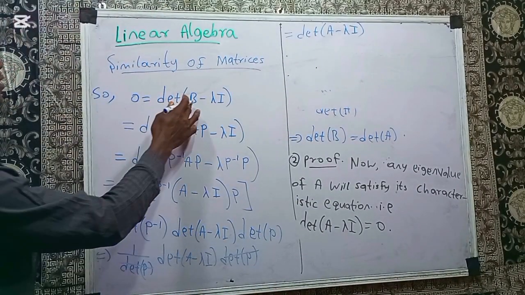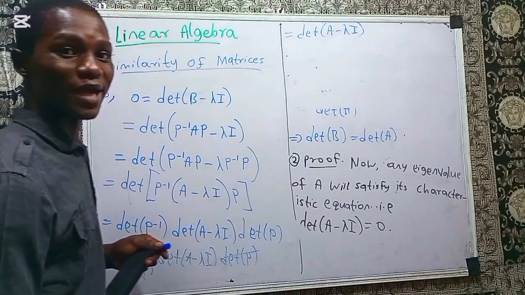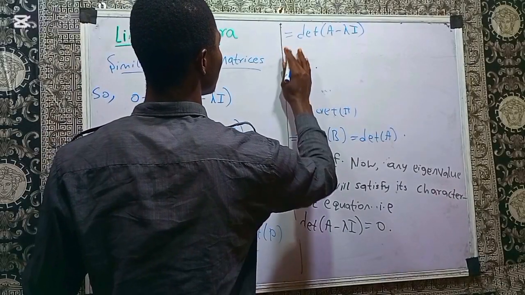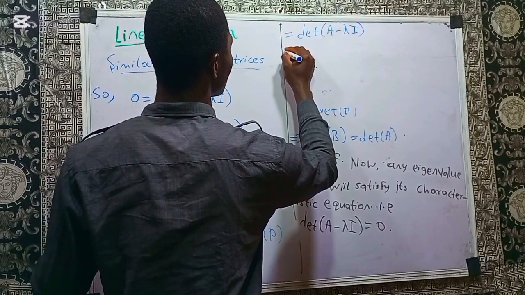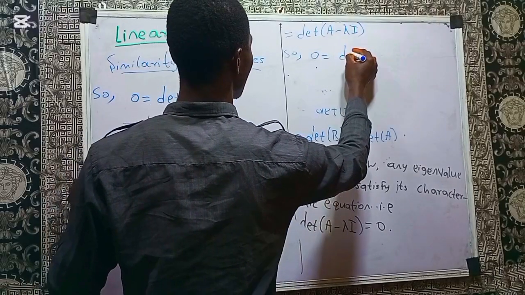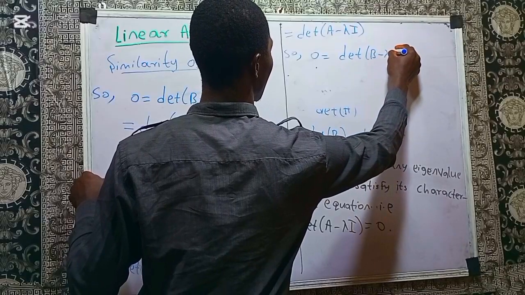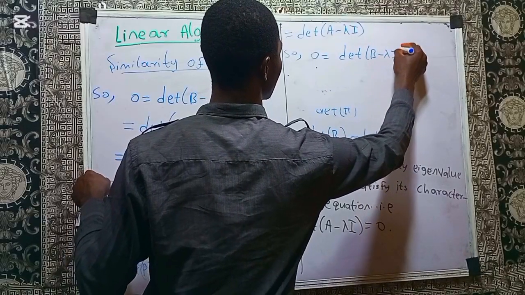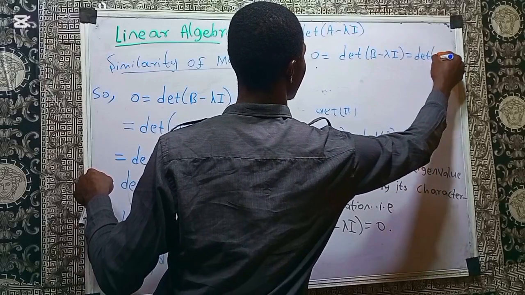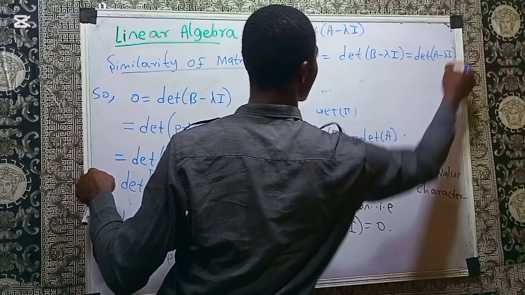Which shows that the determinant of B minus lambda I is the same thing as the determinant of A minus lambda I. So 0 is equal to the determinant of B minus lambda I and is equal to the determinant of A minus lambda I. So this shows that what?